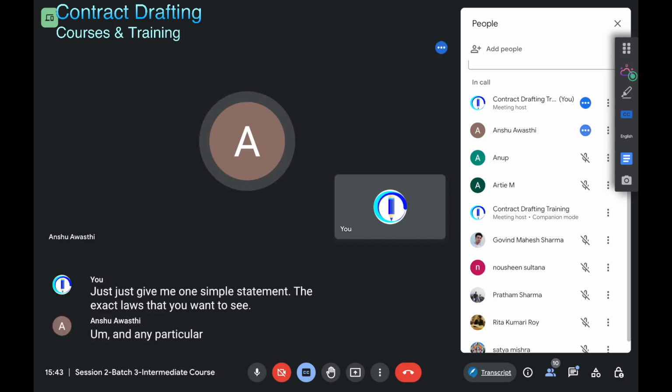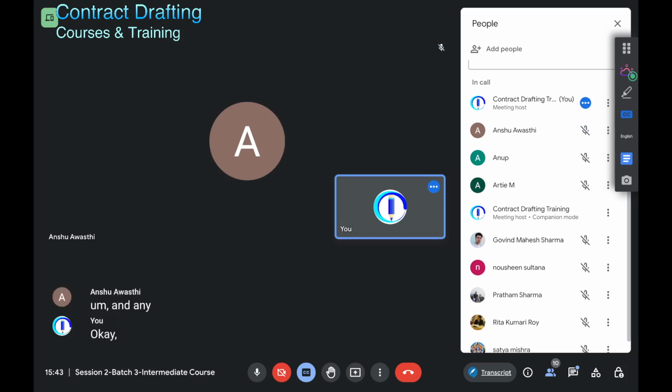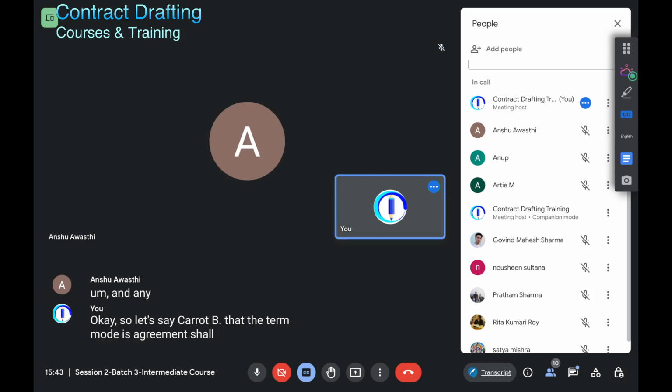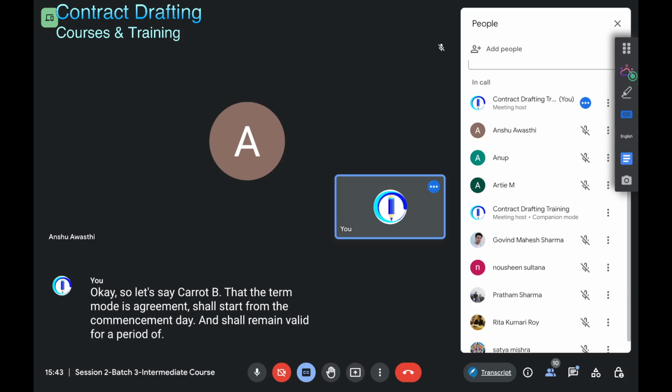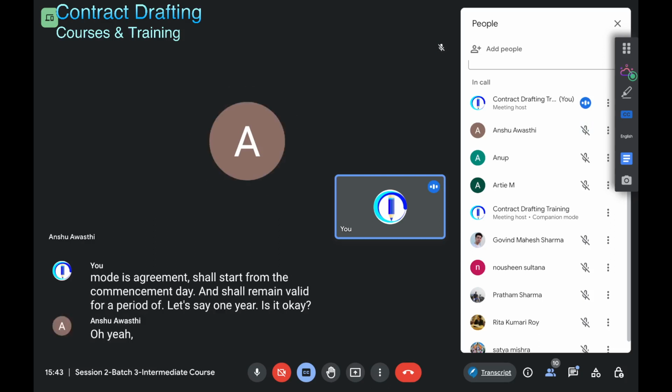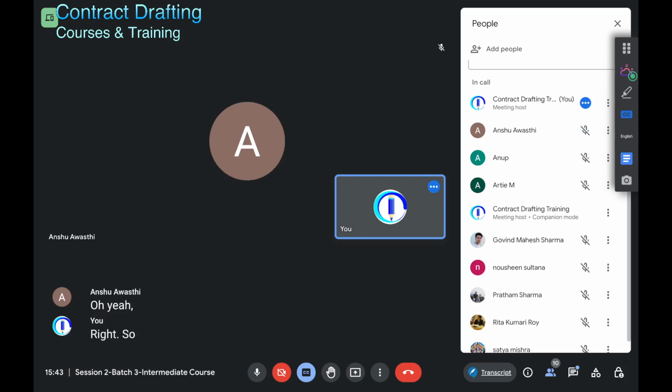Okay. So let's say, can it be that the term of this agreement shall start from the commencement date and shall remain valid for a period of, let's say, 1 year? Is it okay? Yeah, correct. Right. So in this statement, what kind of language is used?